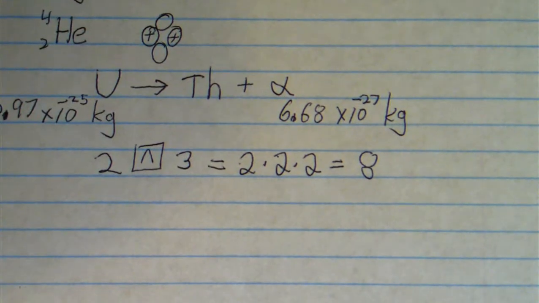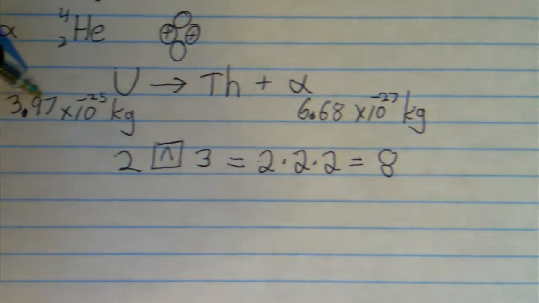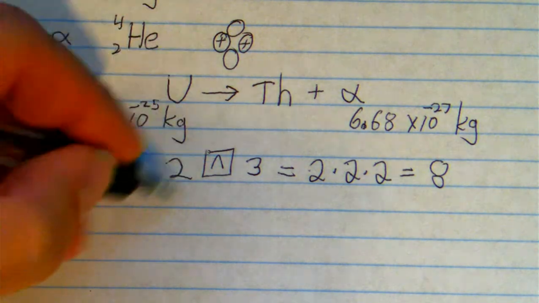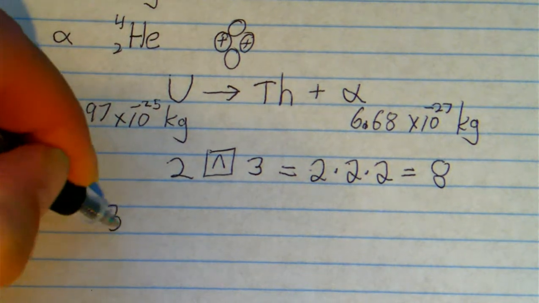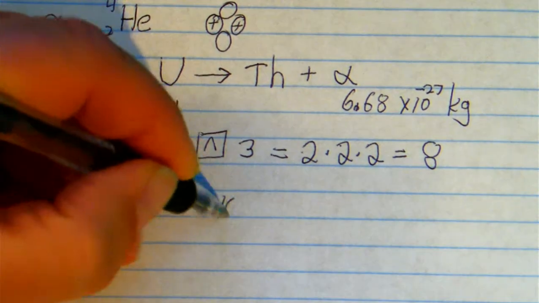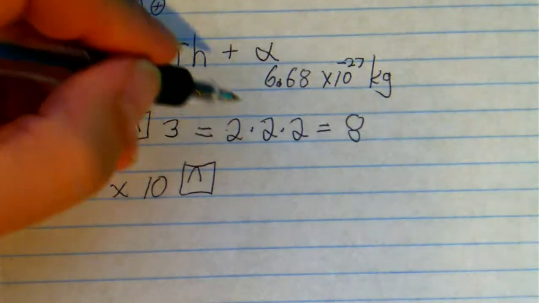Some of you students foolishly use this caret for representing numbers in scientific notation. So here you would type 3.97 times 10 caret, and then what?